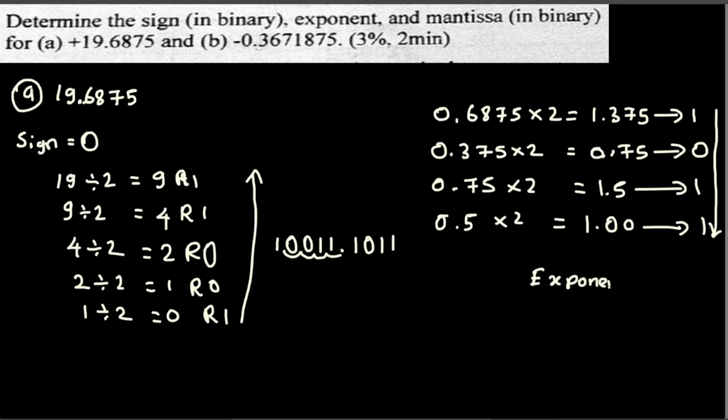Exponent is equal to 4. And the mantissa is the value after we move the point. Since they ask us to represent it in binary, the mantissa is 1.0011011, and this is the mantissa in binary.